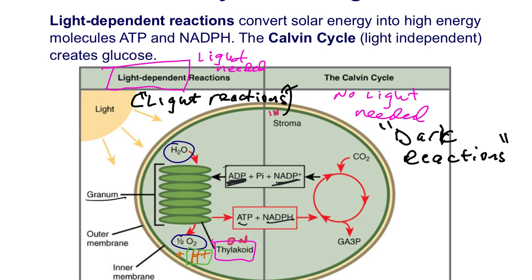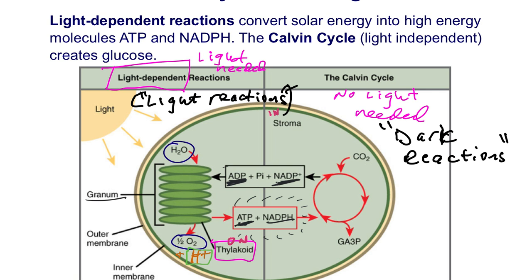It knocks off chlorophyll electrons. Those hyper-energized electrons fall down electron transport chains. And the energy released from the chlorophyll electron is used to energize ADP and NADP to form the charged up forms of those molecules, ATP and NADPH.